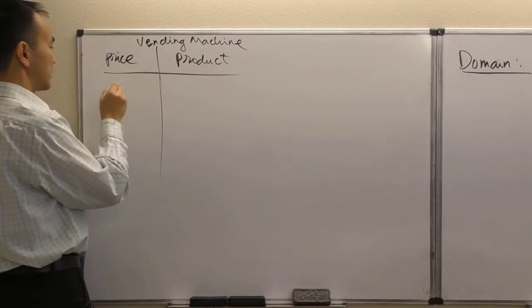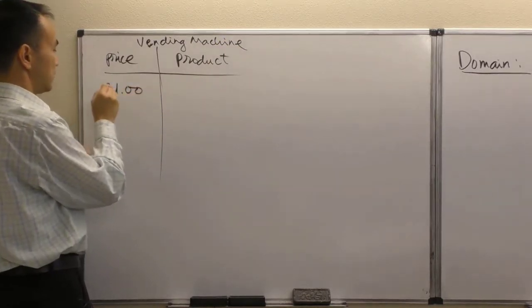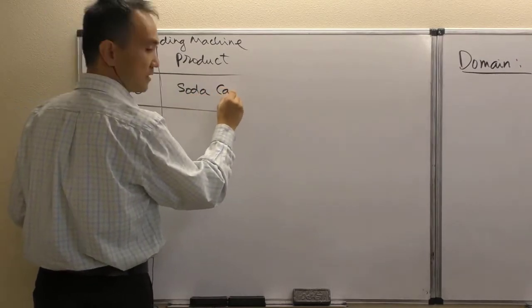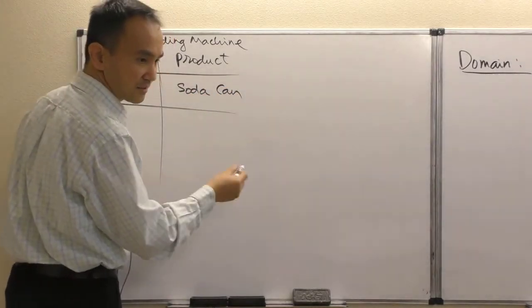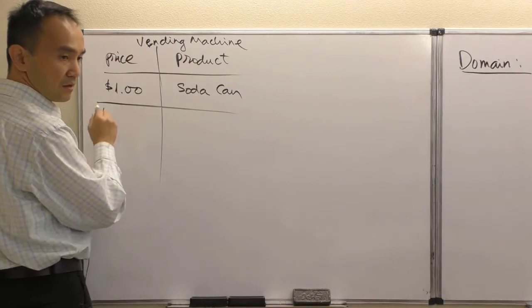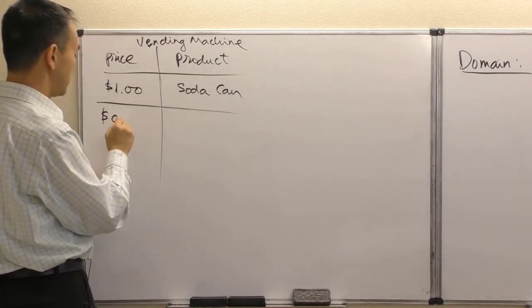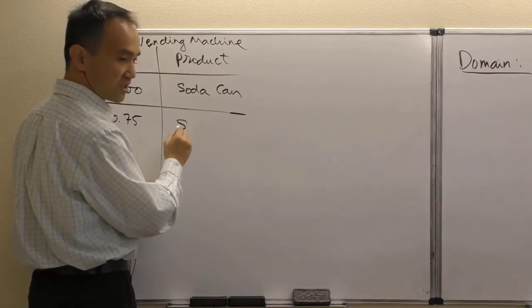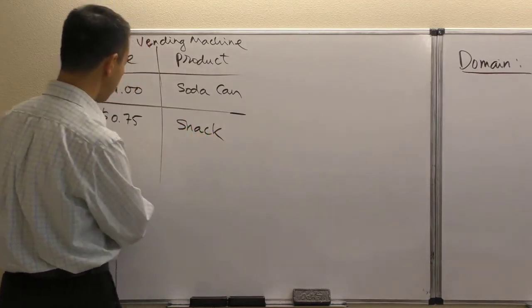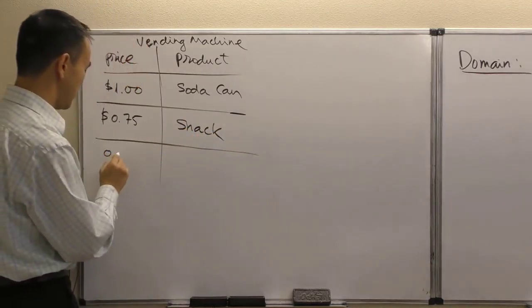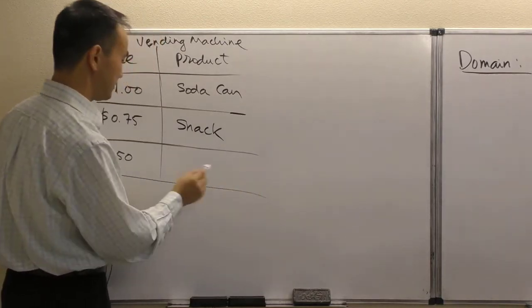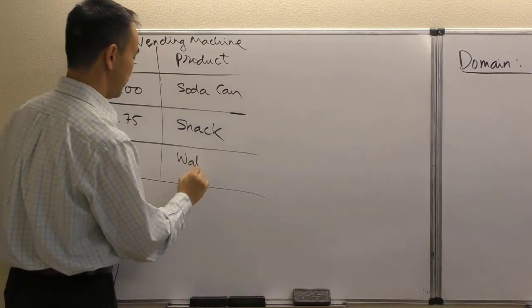Giving it $1, we're getting a soda can. Giving it only $0.75, we're looking at a snack. And only 50 cents, only $0.50 of $1, then we get a water bottle.